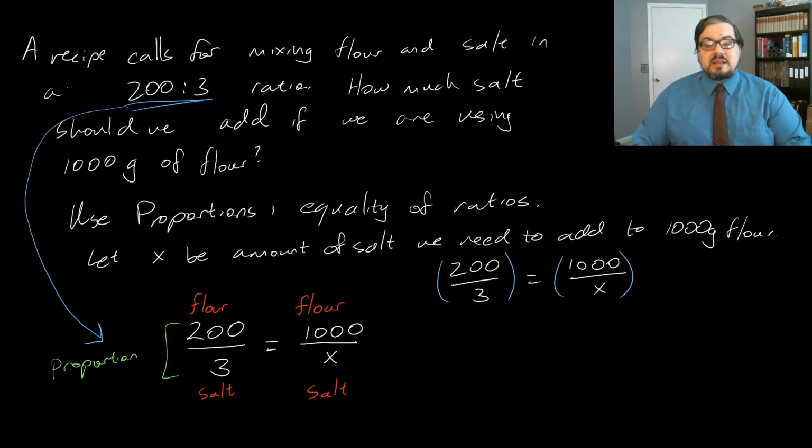So in this case, I can multiply both sides by 3x, which is the common denominator of the two fractions on either side of this equation. When we do that, the 3's will cancel on the left, the x's will cancel on the right, and so we'll get 200 times x equals 3 times 1,000.